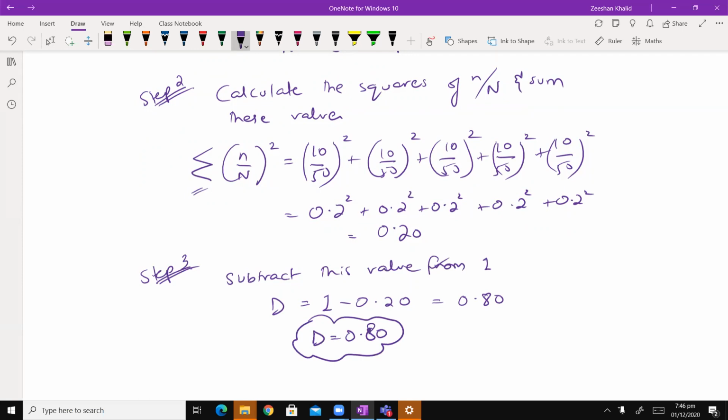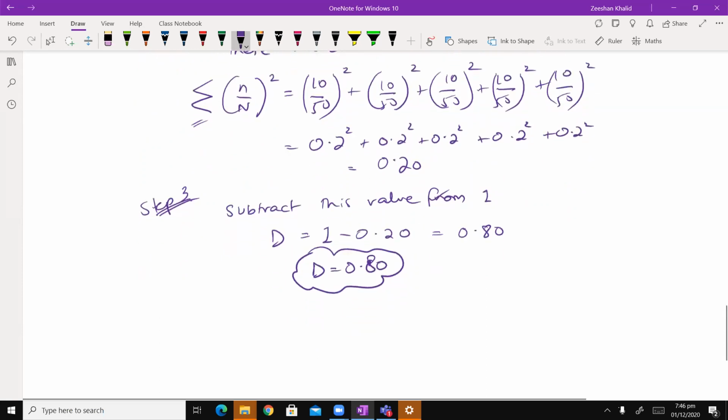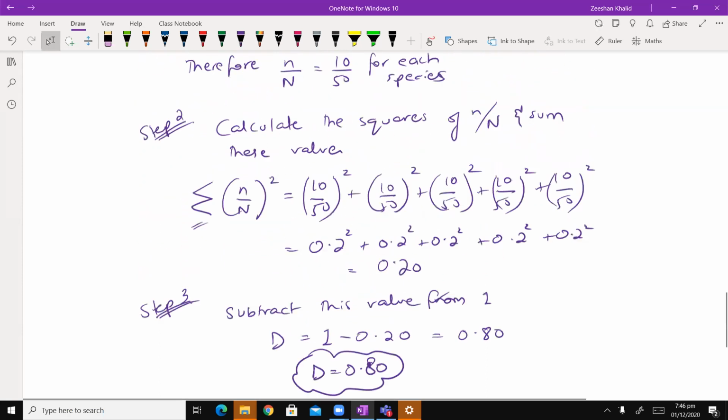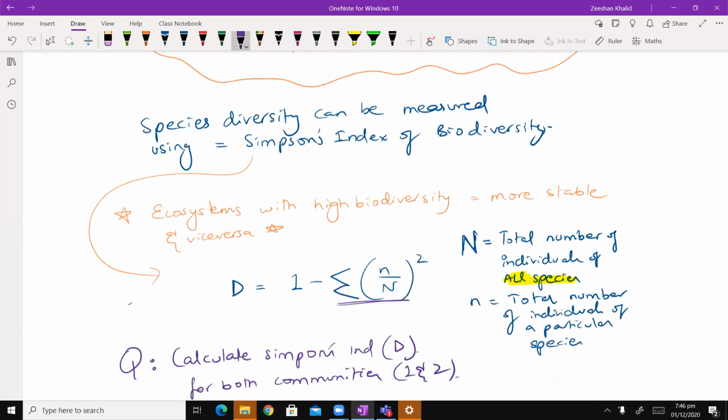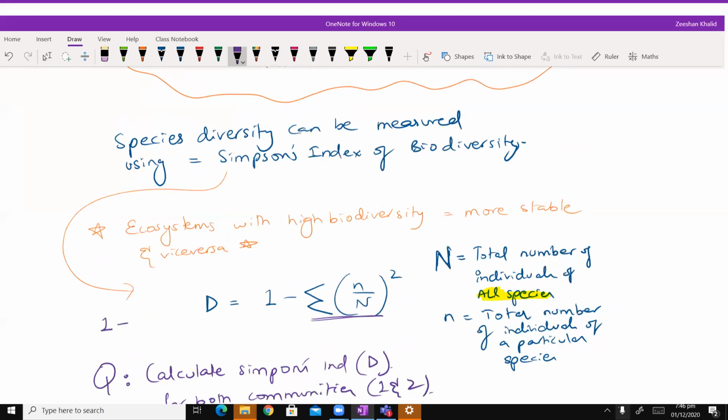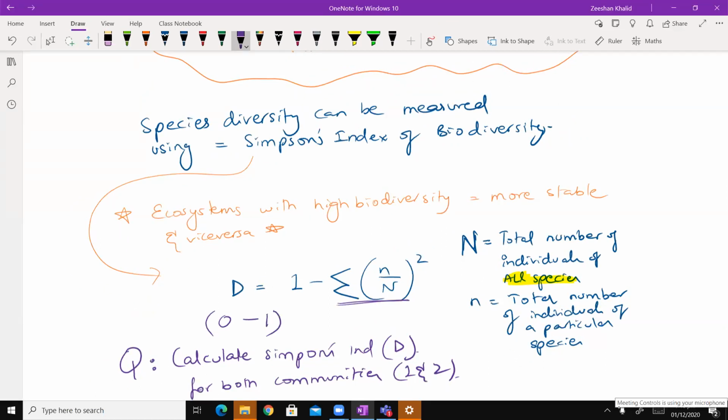Now the question is, what does this mean? Remember, when we're talking about Simpson's index of biodiversity, the answer will range from 0 to 1. The closer the value to 1, the higher the biodiversity.